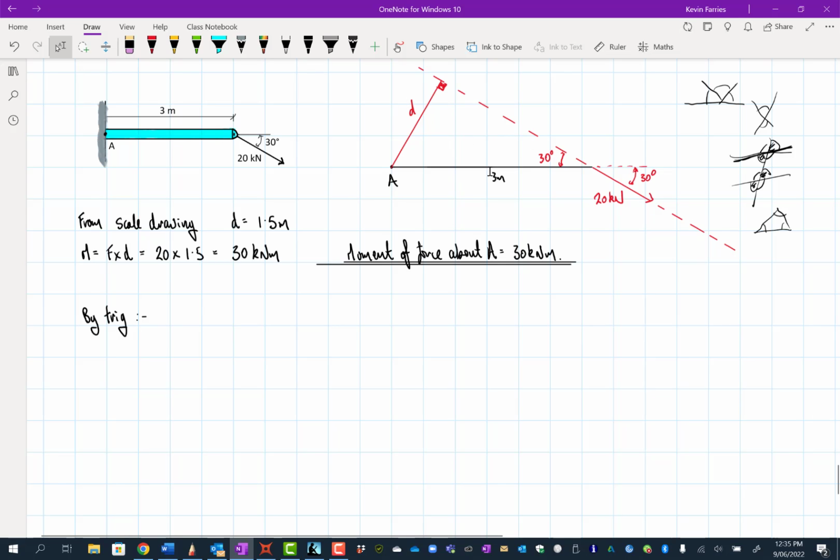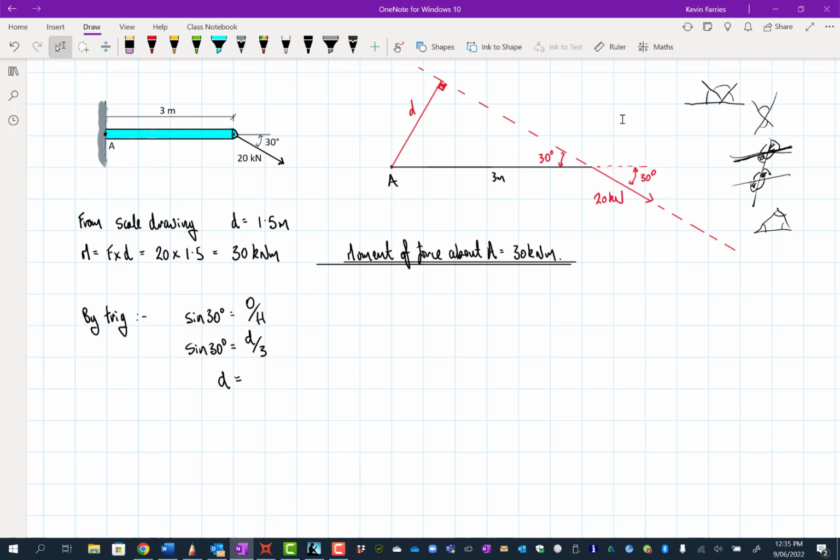So opposite over hypotenuse is sine. Therefore, sine 30 degrees is equal to opposite over hypotenuse, so sine 30 degrees is equal to D over 3 meters.